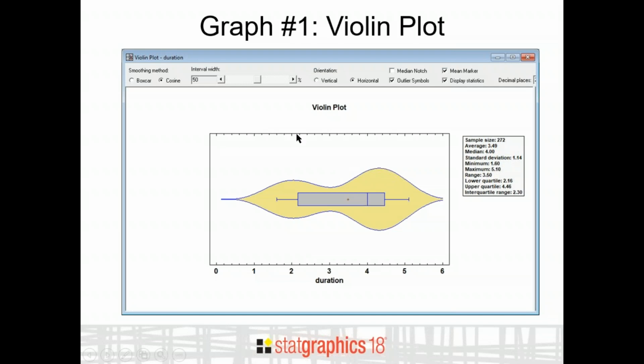Basically, a non-parametric density function takes an interval of a particular width, moves it along the x-axis, and creates a weighted average, a weighted count, actually, of the number of data values within a particular interval.